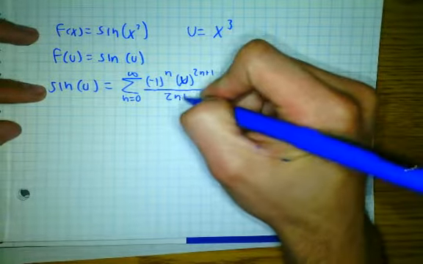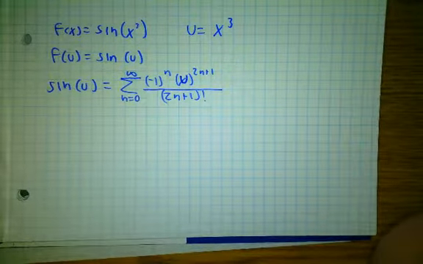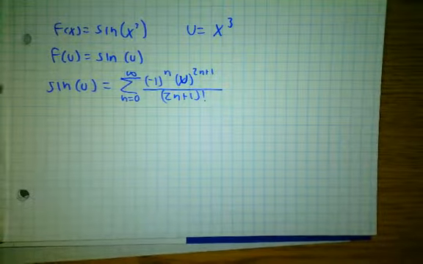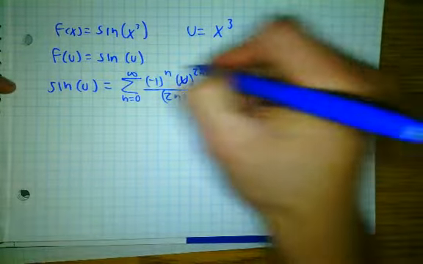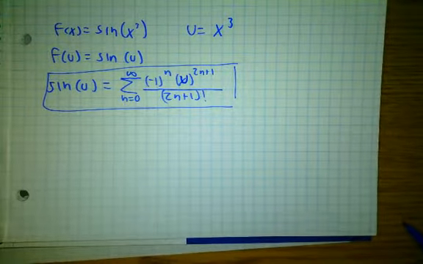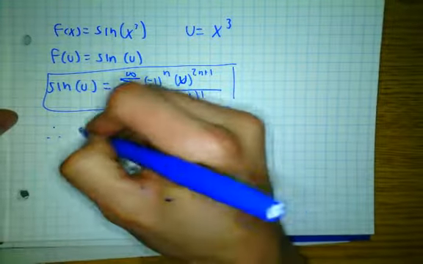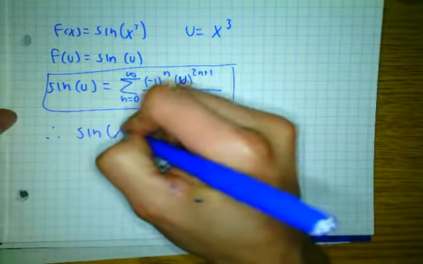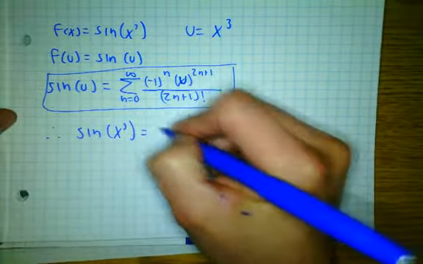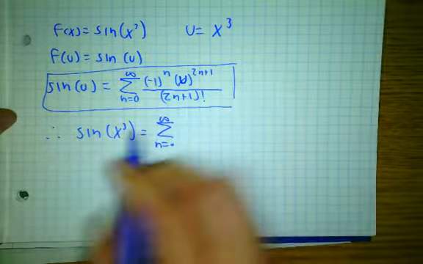Right? Now, I'm going to be honest. This will be an FRQ question. Like literally something like this. You have to mention this before you go to what I'm about to do. If that's what sine of u is equal to, therefore, what do you think sine of x to the third is equal to? All of that, but it's literally the exact same thing, but you're going to plug this into u.